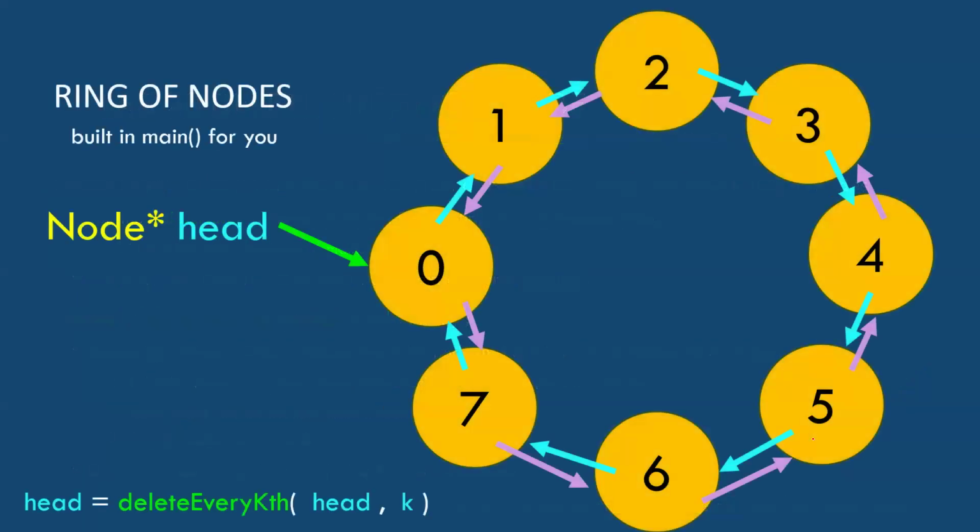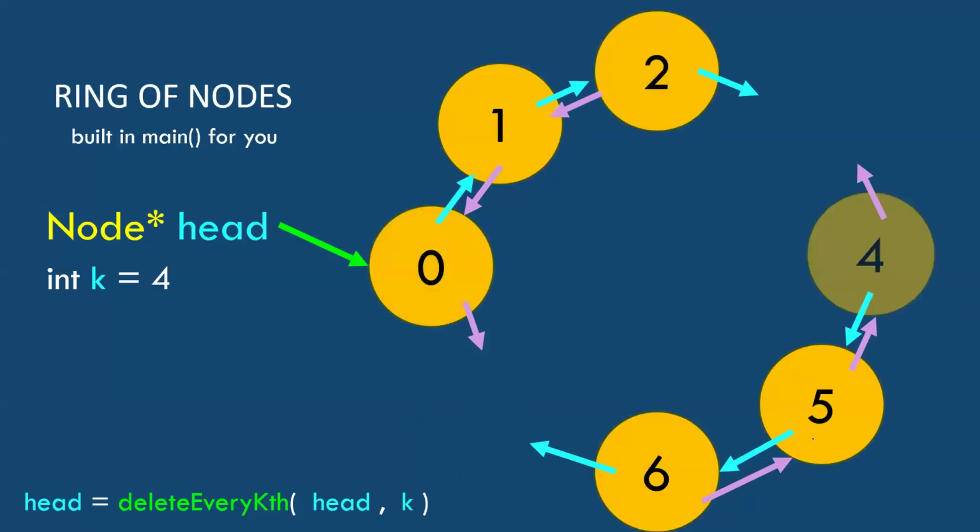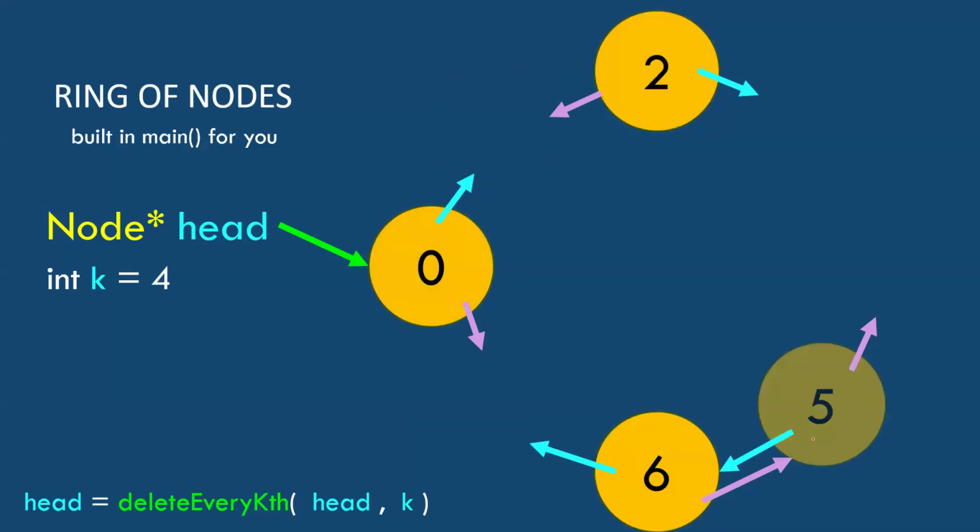Essentially, you have this data structure where you have a pointer to a head node, and your ring is all doubly linked forward and backward. If I give you a 4, then your function should count 1, 2, 3, delete the fourth one, and then close up the gap. Then it should go forward 1, 2, 3, 4, close up the gap. 1, 2, 3, 4, close up the gap. Go around until you are down to one item.